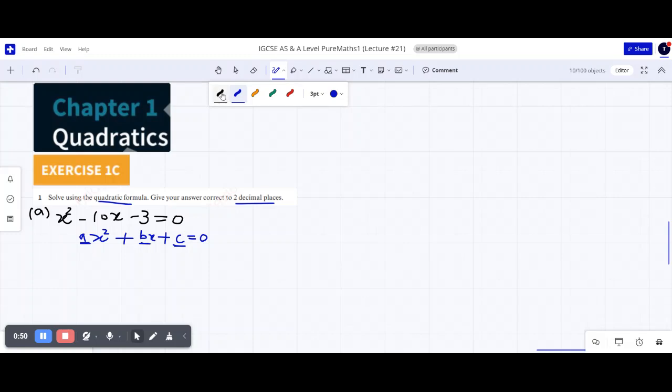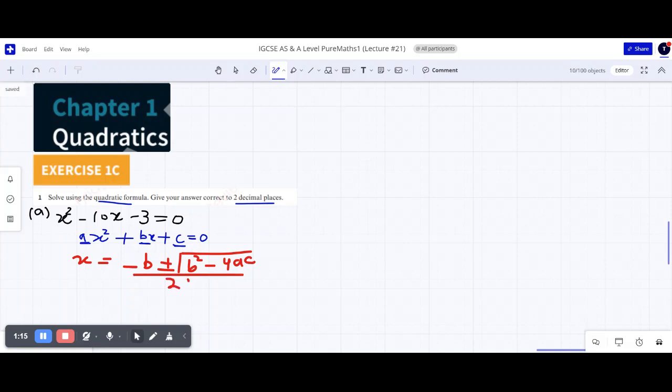Now the quadratic formula is x equals minus b plus minus root b squared minus 4ac, divided by 2a.